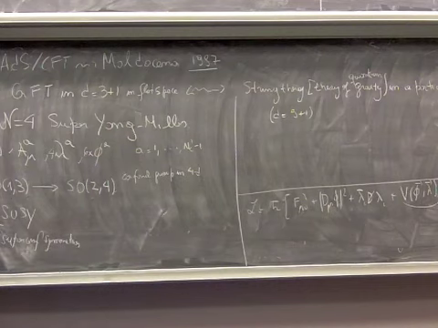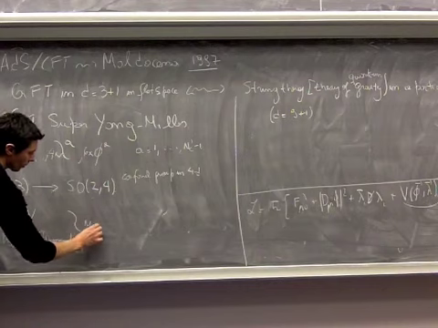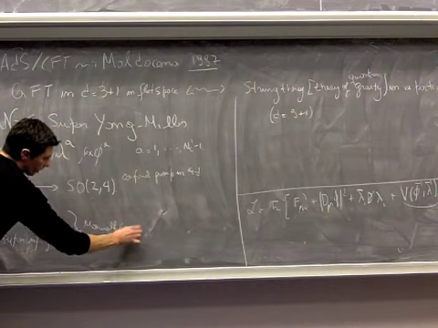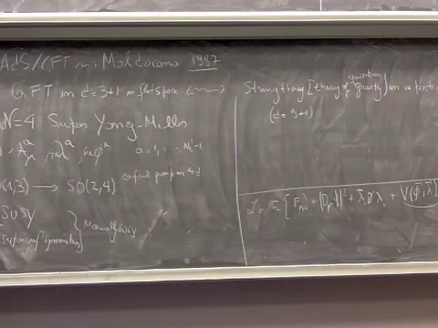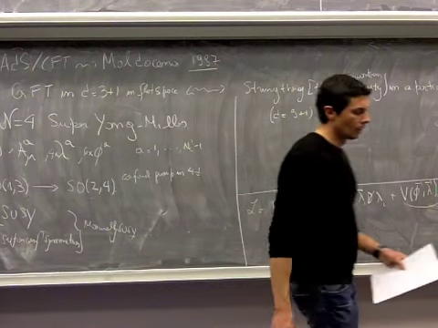This is what people in string theory call a maximally supersymmetric field theory. It cannot have more than that number of supersymmetries in a field theory in 4 dimensions.